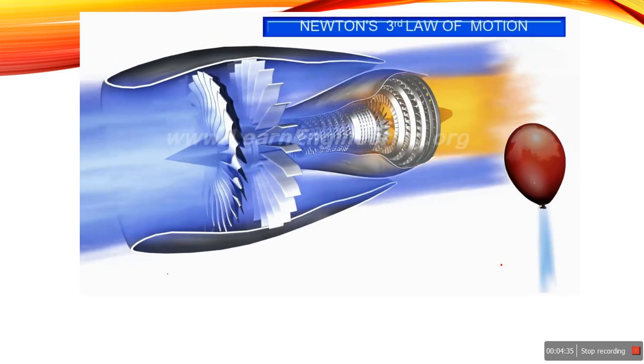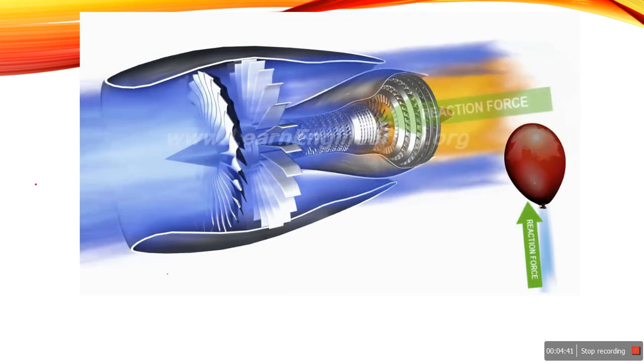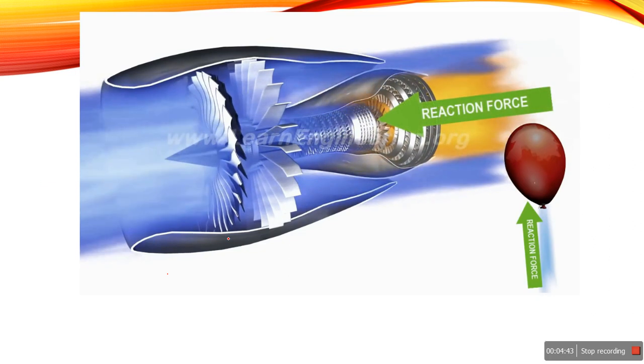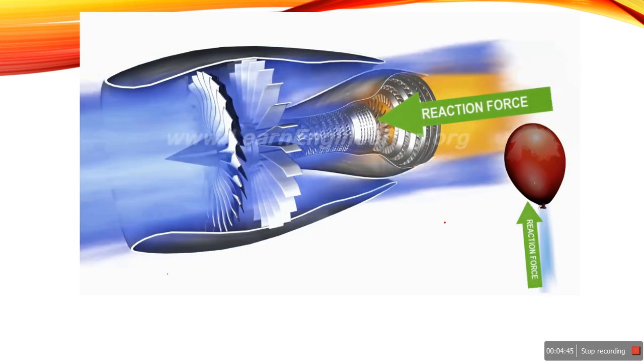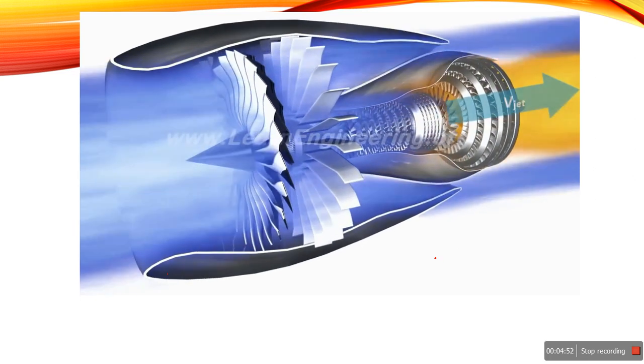It simply works on the principle I told you, Newton's third law of motion, with the balloon as a simple example. We produce thrust, so that the reaction force will propel the plane in the forward direction.